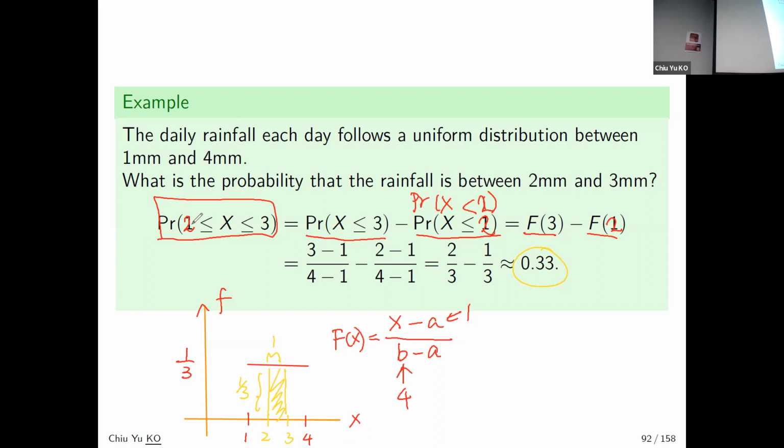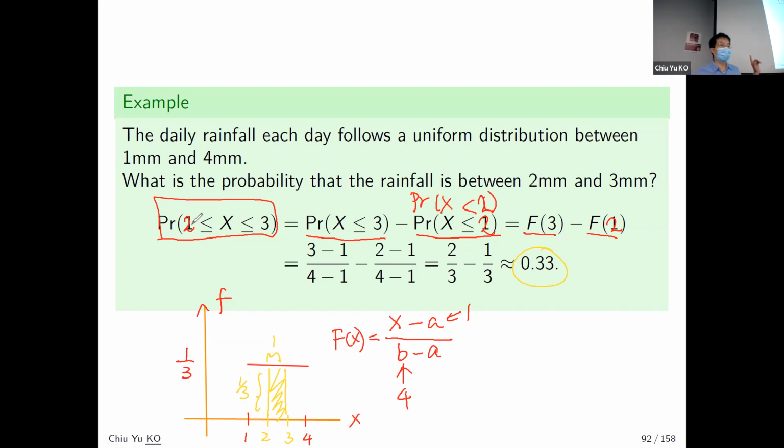And we will not be using it, we will not do the calculation, we just need to know the concept.